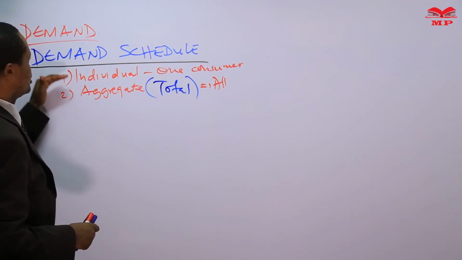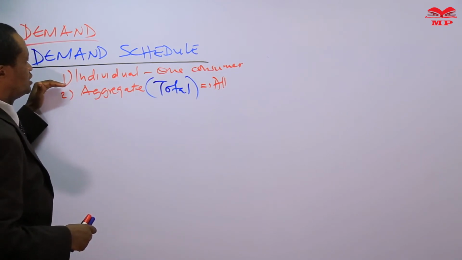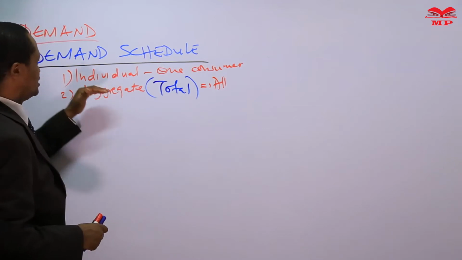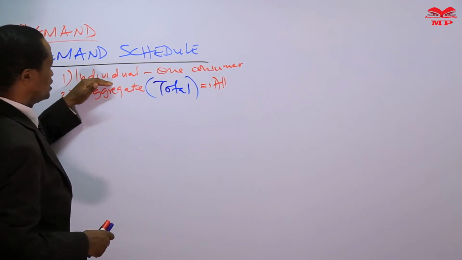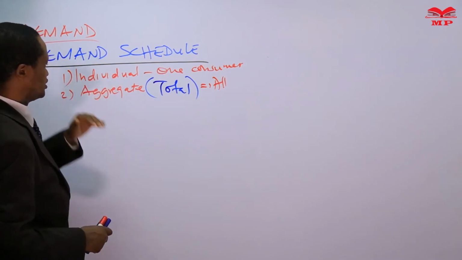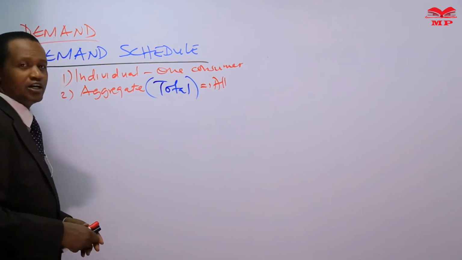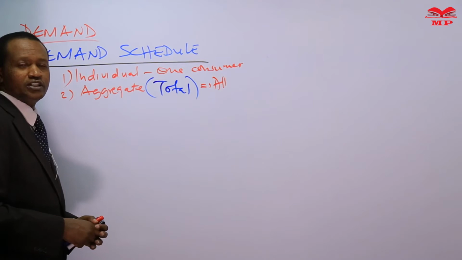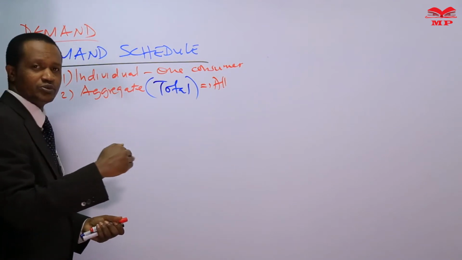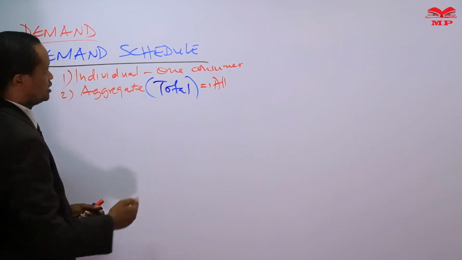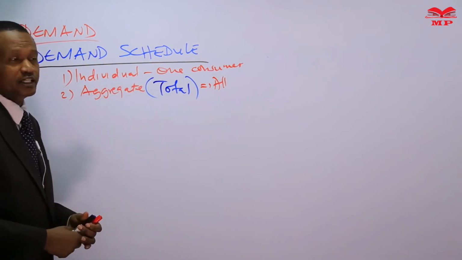So a demand schedule where the quantities demanded for one consumer are tabulated is what we're referring to as an individual demand schedule. But in an aggregate or total demand schedule, all the quantities demanded by all customers within a given market are shown in a table.